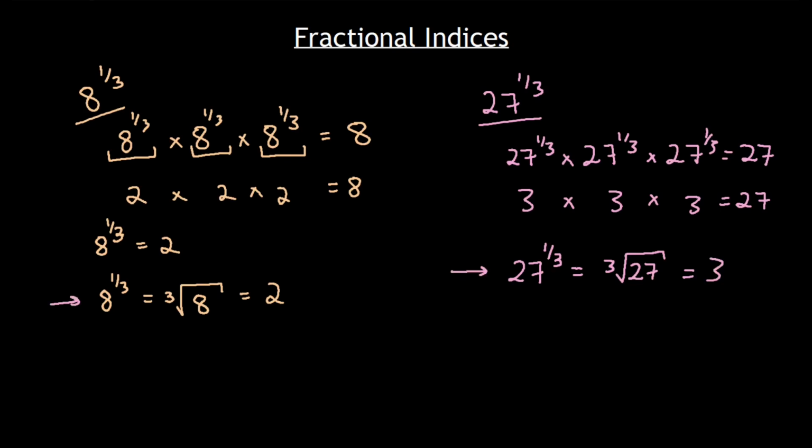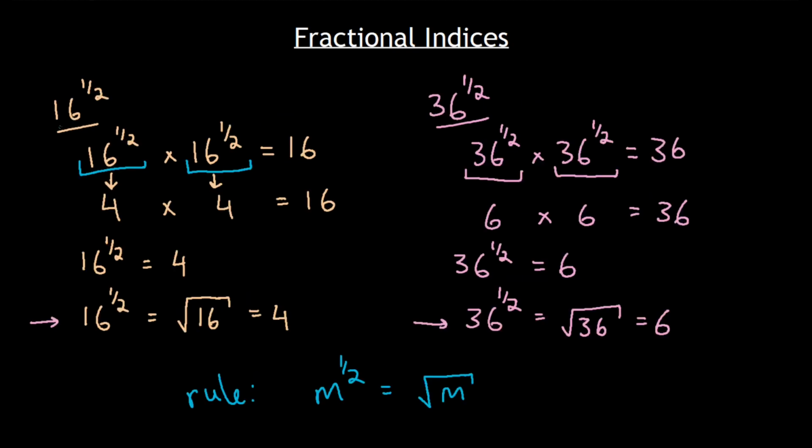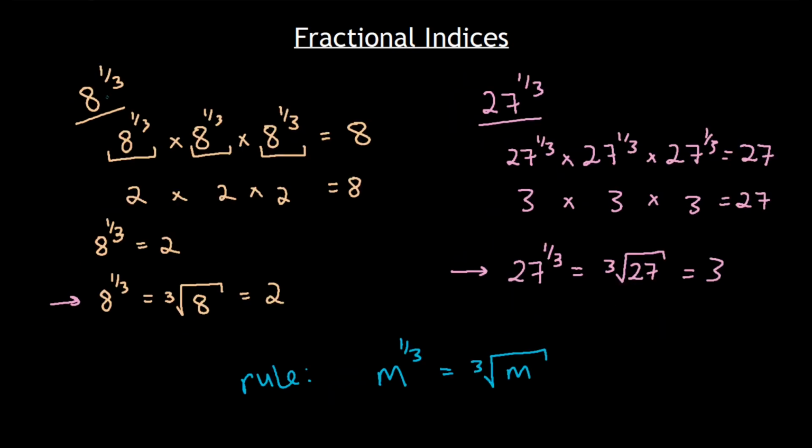So the rule is, and you can write it down, whenever we have something, say m to the power of a third, we can work it out by finding the cube root of m. You've probably spotted the pattern here: when we have something to the power of a half, we square root, and when we have something to the power of a third, we cube root.